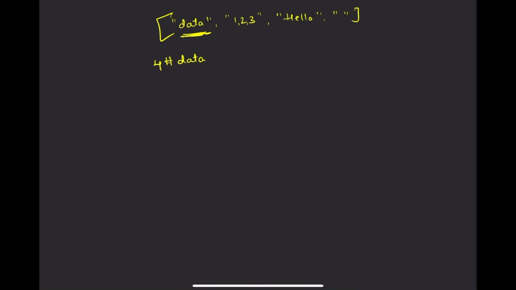What if this string is 4data? In that case, the length would be 5, and you mark it with a special marker. So you know that this is the length, you're marking it with a special marker, and then your string will be appended, right? You understand what's happening here? So that's what is going on. Similarly, you'll have to do this for each string; this is for the first string.